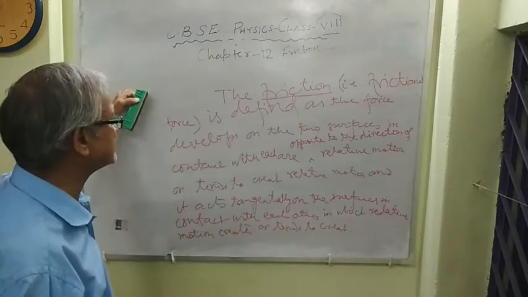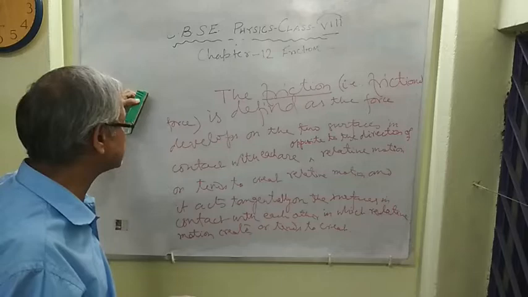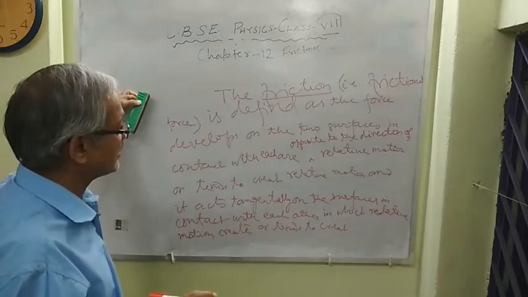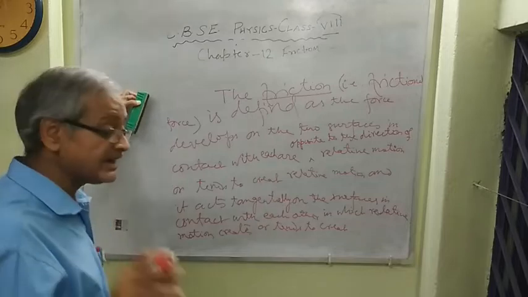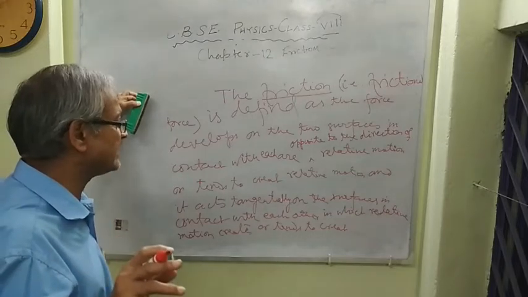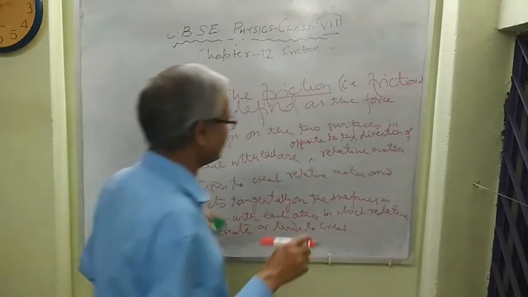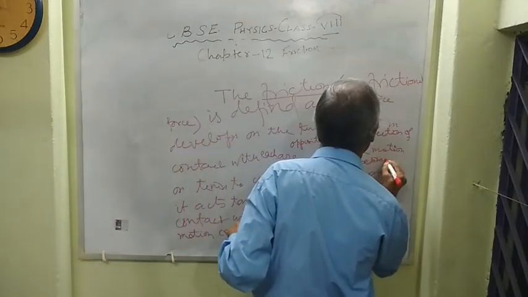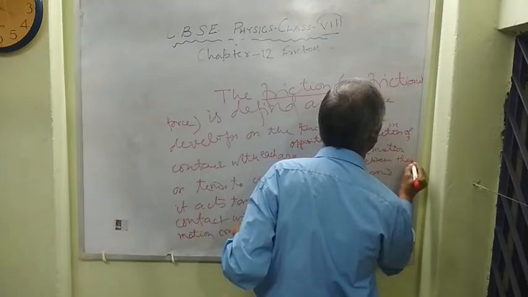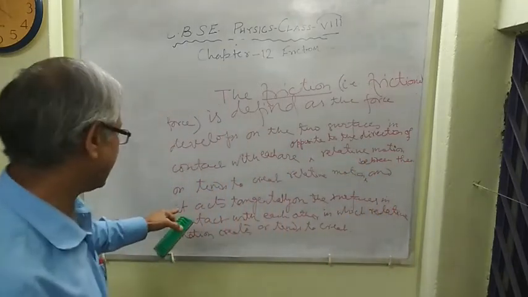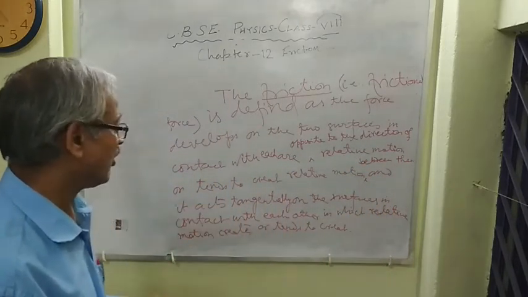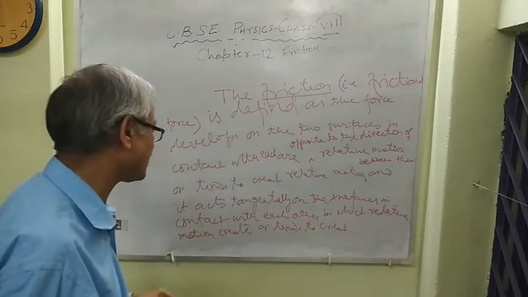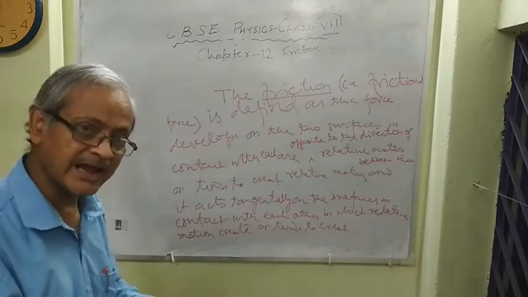The friction is defined as the force that develops on the two surfaces in contact with each other, opposite to the direction of relative motion or tends to create relative motion between them, that is the two bodies in contact, and it acts tangentially on the surfaces in contact with each other in which relative motion creates or tends to create, right?